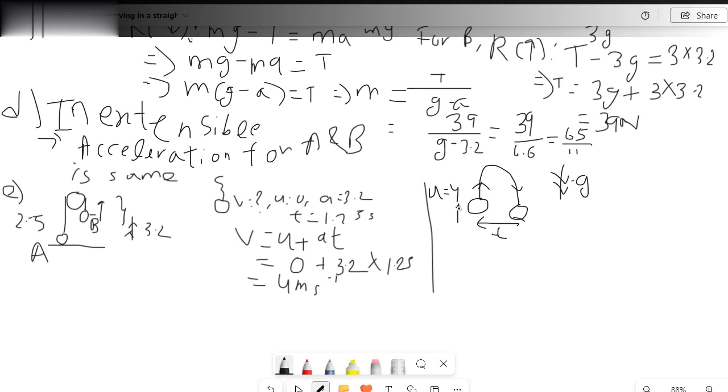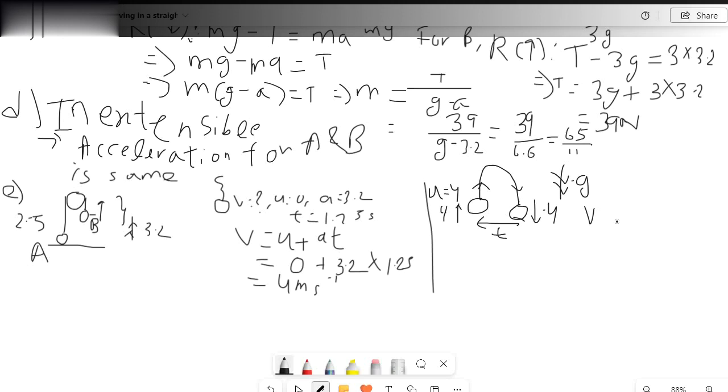The vertical motion is parabolic, therefore it is symmetrical, meaning if the velocity is 4 here, the velocity here should be minus 4 because of the opposite direction.